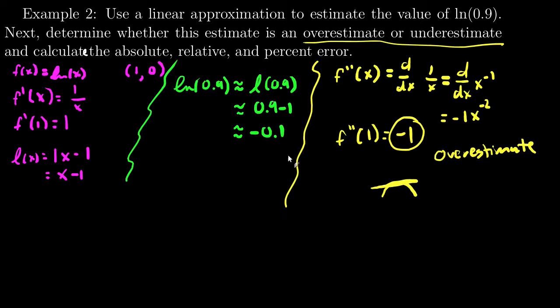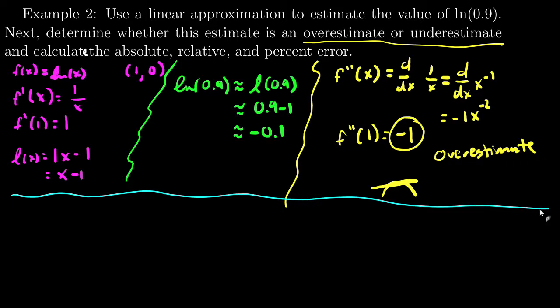Now, some work on errors. So, to find the absolute error, I basically just take the magnitude of my approximation, negative 0.1, minus my actual. And my actual is going to be the natural log of 0.9.